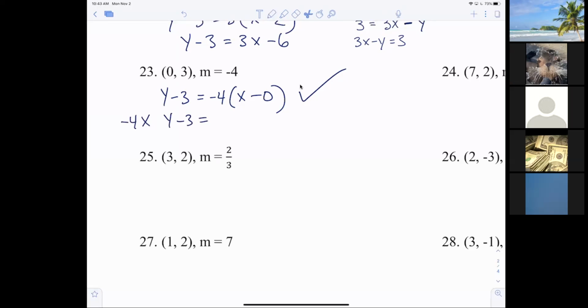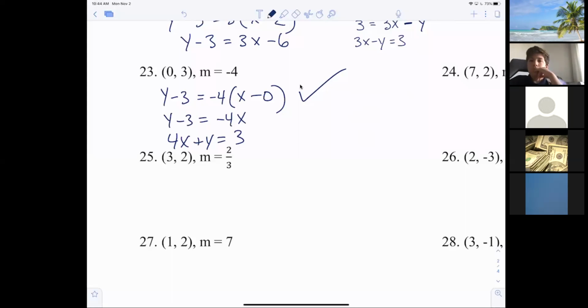It becomes positive 4x. And I have to move the negative 3 from the left side to the right. So it becomes 3. Yeah, guys, I really don't think it's that hard. Right, Jack, do you agree now? But it takes a process. I understand that. You've got to think it through a little bit.